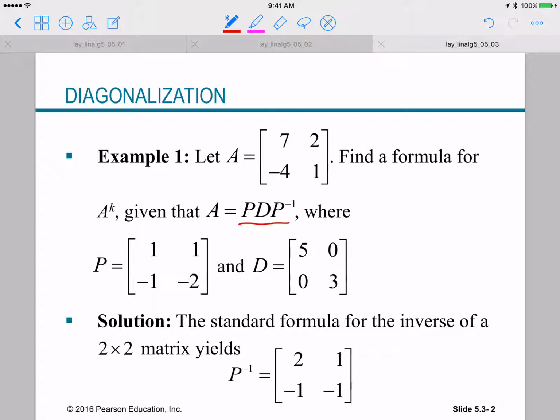This is the same as, let's just multiply P inverse and P on the left and right respectively, and then it will be this. Okay, so this is a really important equation. So let me tell you what we want to do by using this equation.